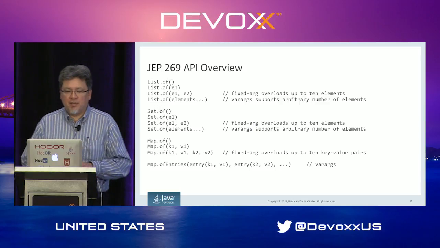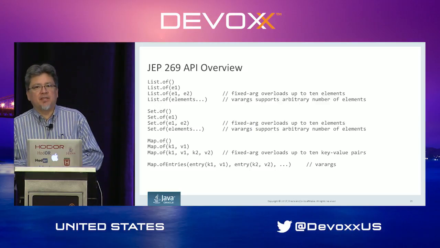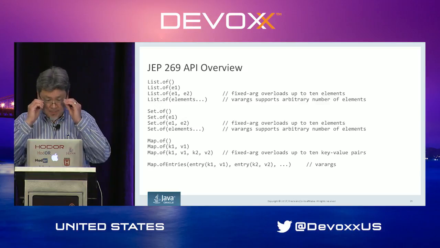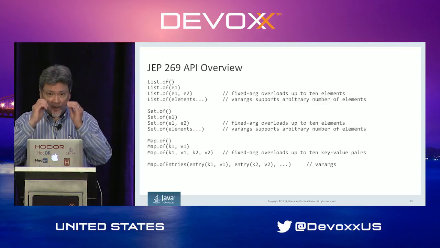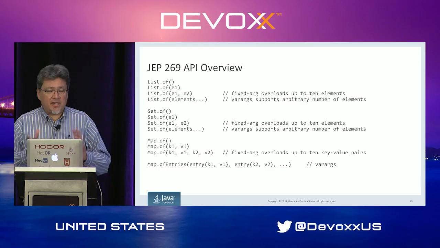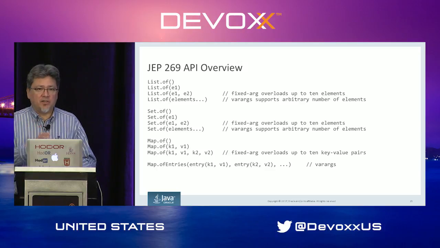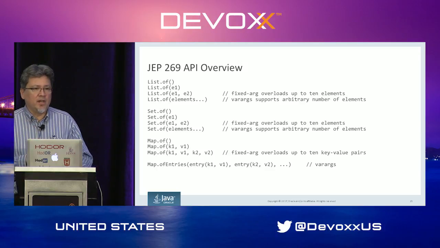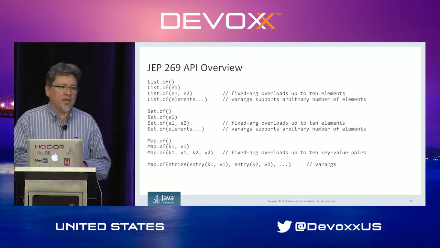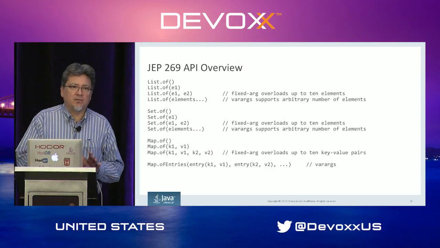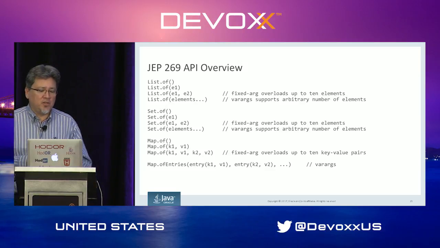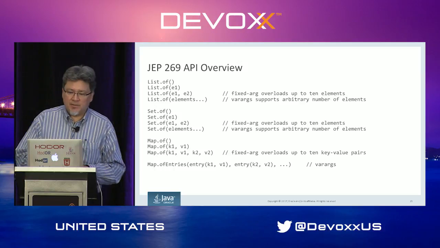There's also Map.of, and Map is different because it doesn't take elements of a single type. Instead, it has to take key value pairs. So for a small number of key value pairs, we pass alternating keys and values. But if you want more, there's no way to do a varargs for that, so we've added a new method, Map.ofEntries.